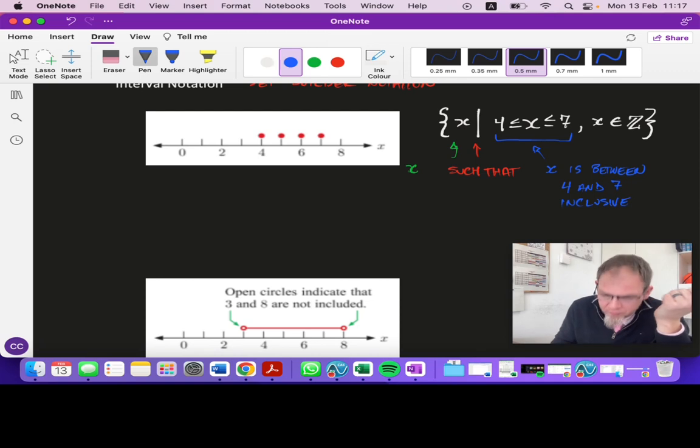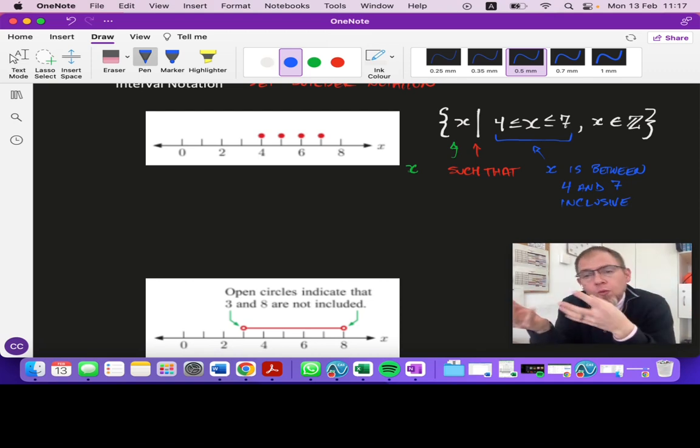When we say inclusive, that means that it includes both 4 and 7. If it was exclusive, then it would not be greater than or equal to, it would just be greater than.